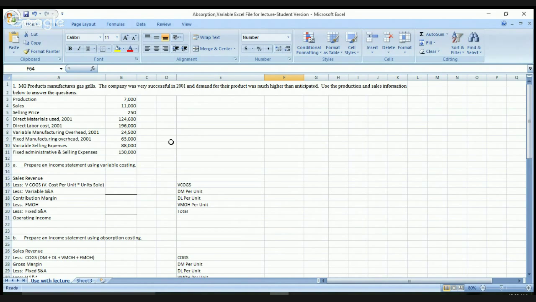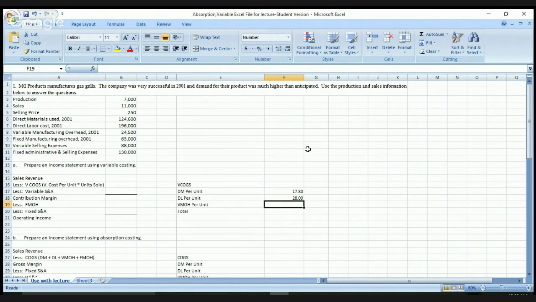So, what we want to do first of all is start with the variable cost of goods sold. We base this on production. So, what we're going to do is take the direct materials of 124,600, divide it by the production of 7,000. So, my cost per unit was $17.80 for direct materials. For labor, I'm going to take the direct labor cost of 196,000 divided by my production of 7,000, and I'm going to get $28 per unit.